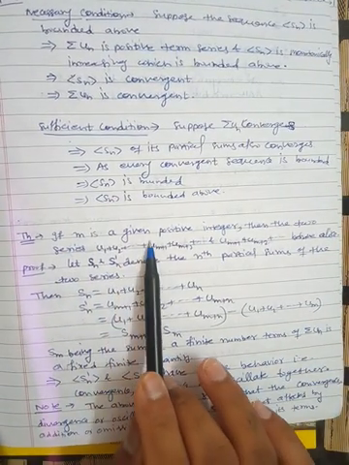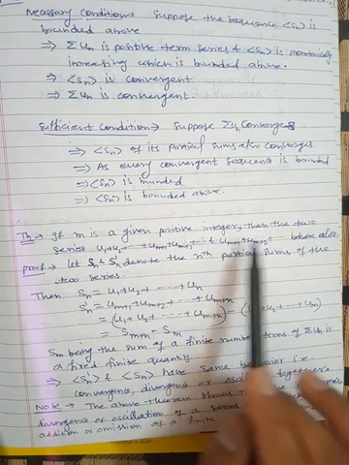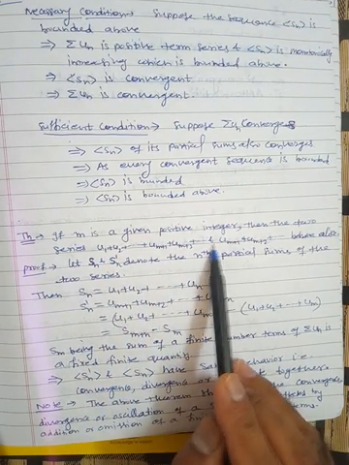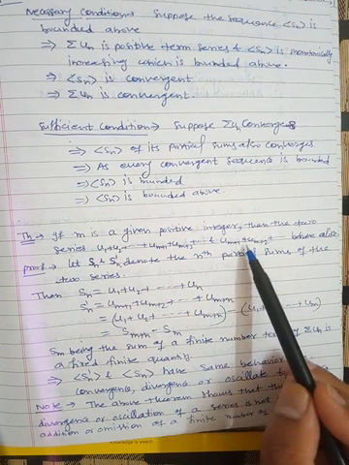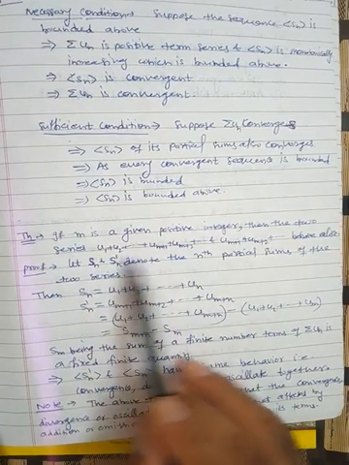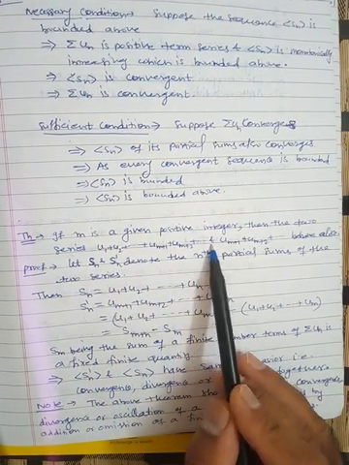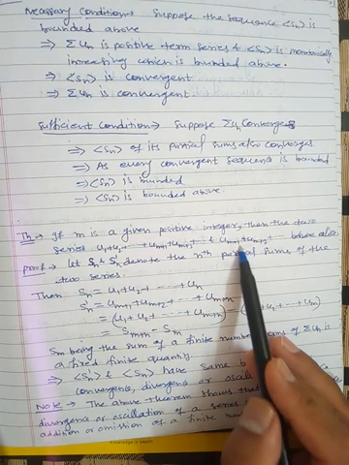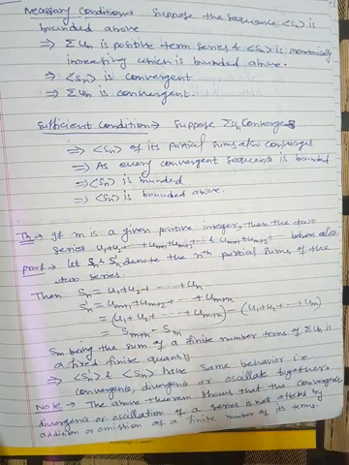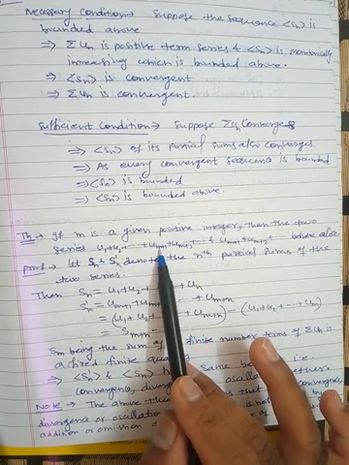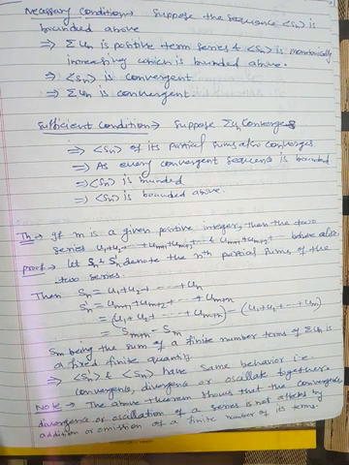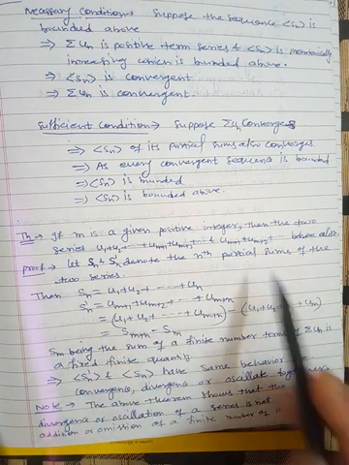If m is a given positive integer, then the two series u1 plus u2 plus ... plus um plus um+1 plus um+2 plus ..., and the other, um+1 plus um+2 and so on, behave alike. यानी u1 का सम आप लेते चले जाएं, u1 u2 um plus 1 um plus 2 ये सीरीज, एंड नेक्स्ट इज um plus 1, स्टार्टिंग टर्म इज um plus 1 um plus 2, यानी शुरू की m टर्म्स को हटा दिया गया है, तो दोनों का बिहेवियर सेम होगा. यानी अगर एक सीरीज में से कुछ नंबर ऑफ टर्म्स हटा दिए जाएं तो दोनों का बिहेवियर सेम रहता है, ओरिजिनल का भी और आफ्टर डिलीशन जो नई सीरीज बनेगी उसका भी, दोनों का बिहेवियर सेम रहेगा. We have to prove this.